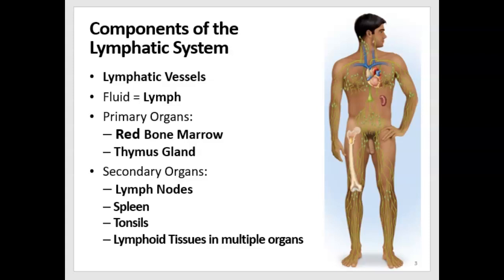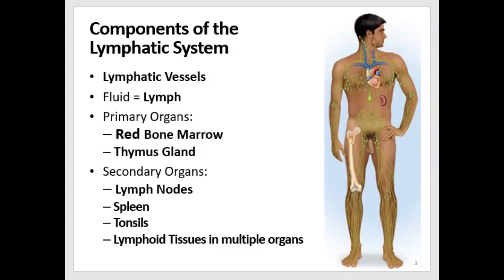So it's often said that there are three main components of the lymphatic system: the vessels, lymphatic vessels, the fluid, also called lymph or lymphatic fluid, and then the organs, specifically the red bone marrow, the thymus, and the lymph nodes. But as you can see, there are some other related organs.